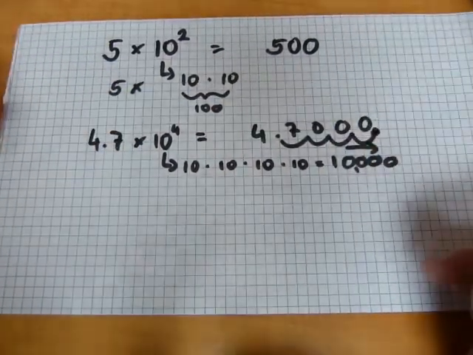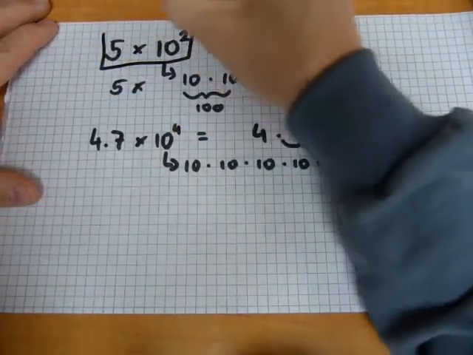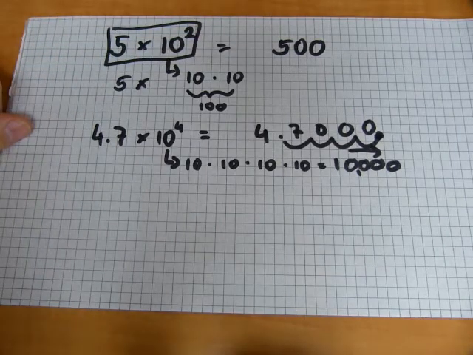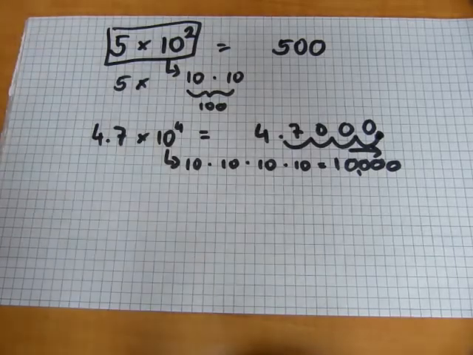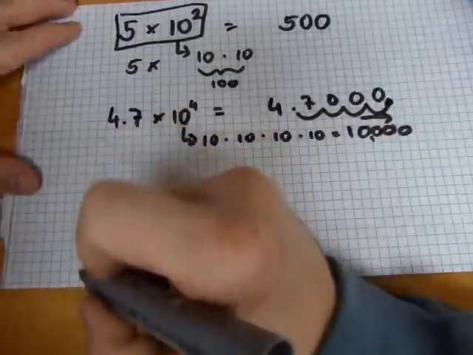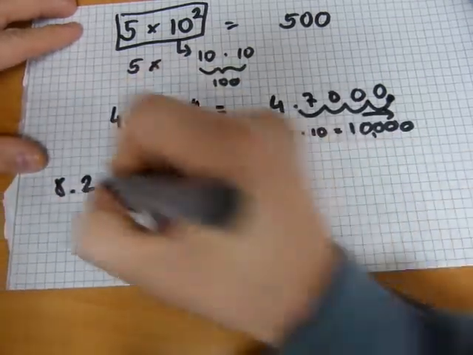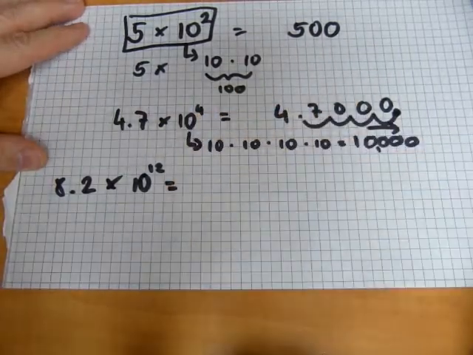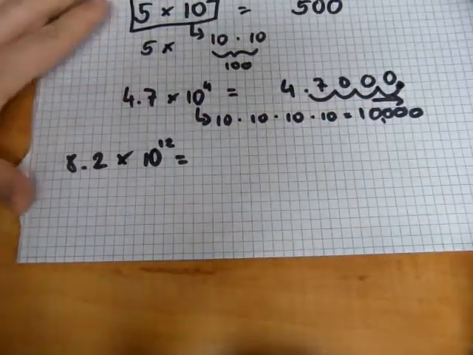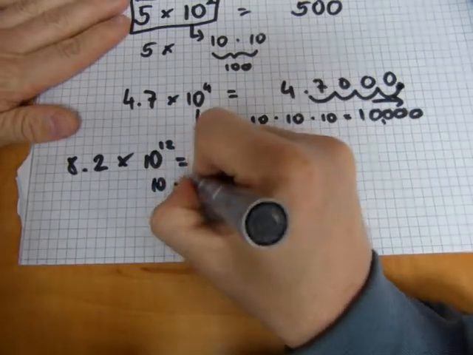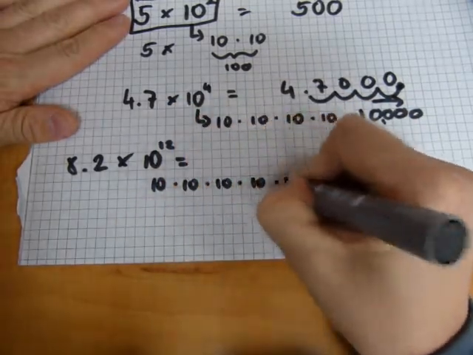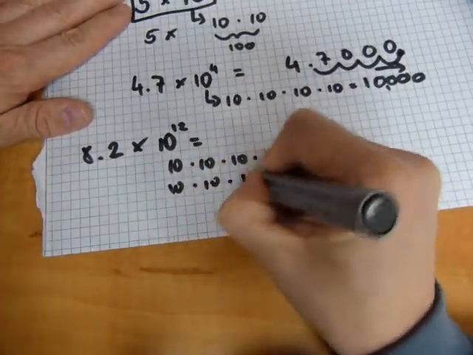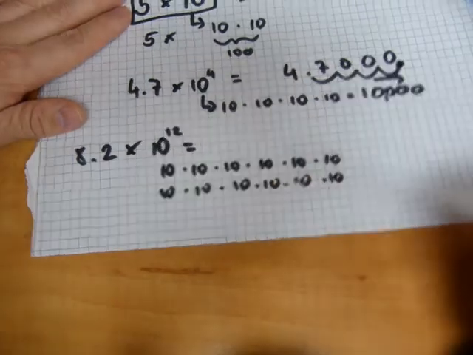Scientific format, standard format. All right, why would anybody bother with scientific format when this one is so much simpler and cleaner? Yeah, with small numbers it is. Looky here. How about 8.2 times 10 to the power of, how about 12? I hope that fits the paper. 10 to the power of 12 is 10 by 10 by 10 by 10 by 10 by 10 by 10 by 10 by 10 by 10 by 10 by 10.